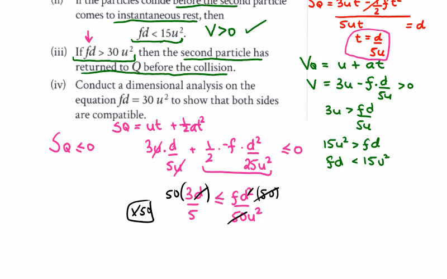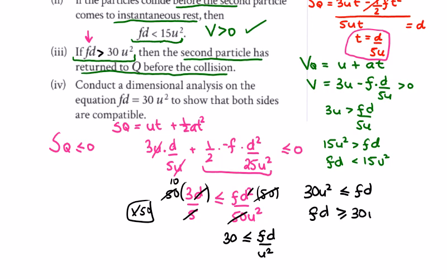That will cancel, so we're going to get 50 divided by 5 is 10 times 3, 30, is less than or equal to fd over u squared, so 30u squared will be less than or equal to fd, and we want fd on the left, so we need to reverse the symbol. fd will be greater than or equal to 30u squared.